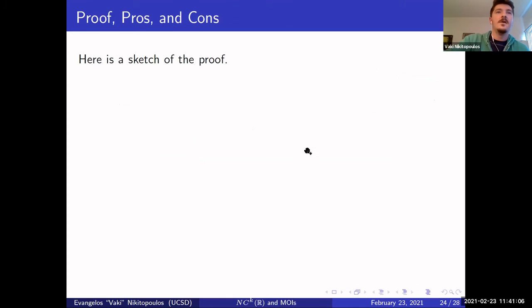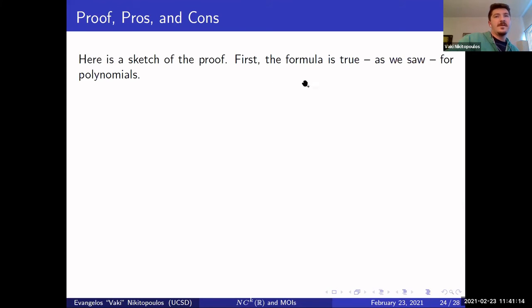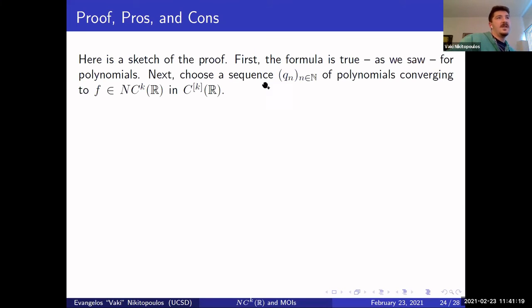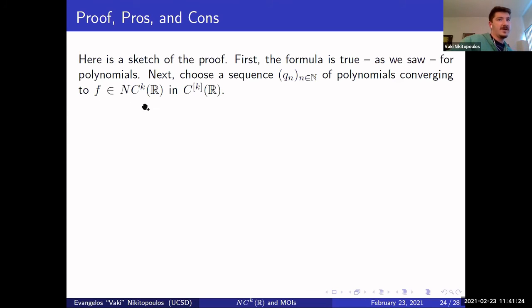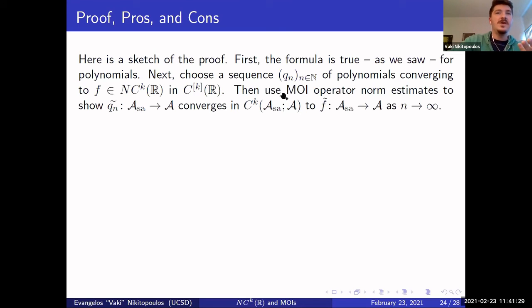All right. So I'm going to give a little short sketch of the proof, and then I'll discuss some pros and cons of this approach. Briefly, first, the formula is true, as I showed for polynomials before. Next, I'm going to choose a sequence of polynomials converging to our non-commutative CK function F in the space C bracket K. And then one uses the multiple operator integral operator norm estimates that I showed you earlier to argue that the functional calculus Qn tilde maps converge in CK to F tilde.